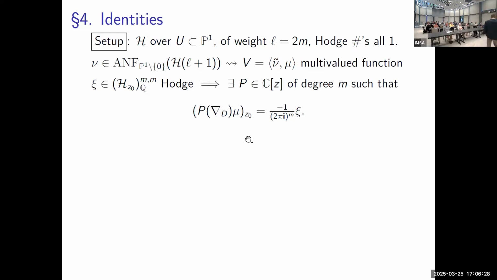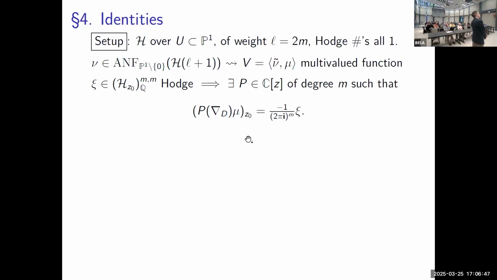And now I suppose that I have a particular point in the family where I get a new Hodge class. So if I have a family of Calabi-Yau 4-folds with Hodge numbers all 1, then I go from my Hodge structure of type 1, 1, 1, 1, 1, and the middle one suddenly splits off and becomes a Hodge class at this point z naught.